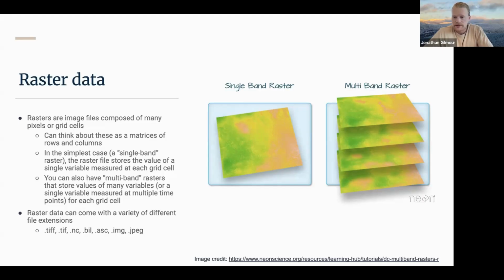You can also have multi-band rasters, which store a number of variables, or one single variable that's measured at different instances of time for each cell. We see a whole bunch of different file extensions for rasters: TIFF, spelled two different ways, .nc, .bil, .ase, .img, and .jpeg.